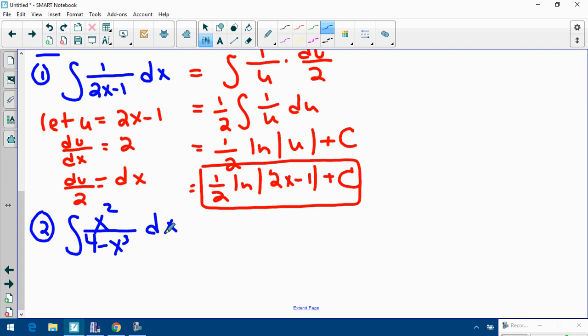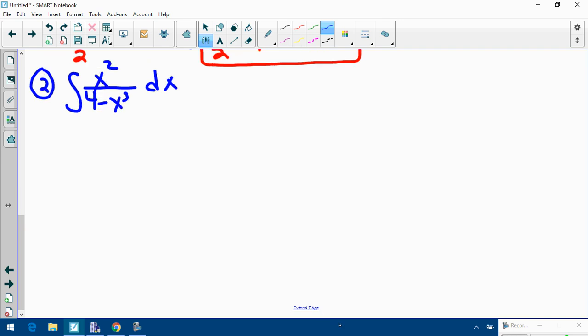Now you can recognize this as being some sort of ln probably because of a larger exponent in the denominator, which means that it's a good u sub candidate, but when I take the derivative of x cubed, I get 3x squared, which means I get the piece that I need, but u is going to have to be in the denominator because I need the derivative of x cubed to get that other piece. So we would say let u equal 4 minus x cubed, which means du over dx would equal what? Negative 3x squared.